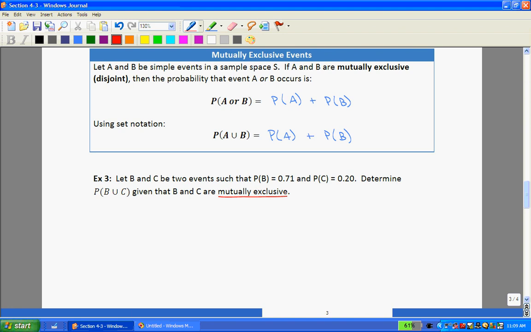We know that they're mutually exclusive or disjoint, so we're going to use this formula up here. So that means the probability of B union C is just the probability of B plus the probability of C. So the probability of B we were told was 0.71 and the probability of C is 0.2, so that gives us a probability of 0.91, and that's it.